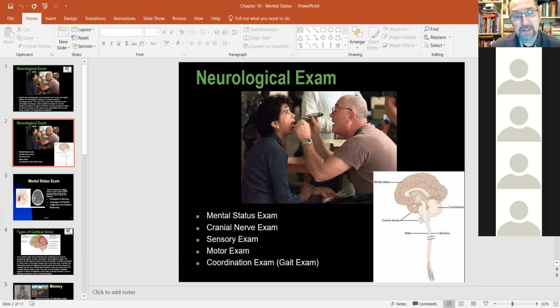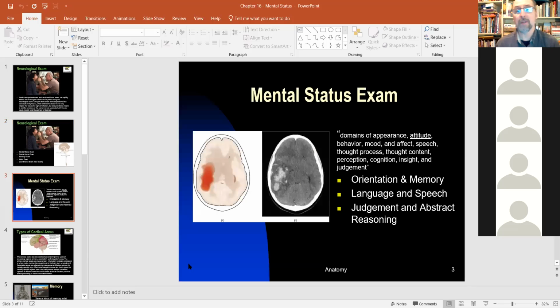The cranial nerve exam helps you examine the function of some of the cranial nerves. That's what he's doing there. The sensory exam lets you examine some parts of the somatic nervous system. The motor exam as well. And there's a coordination and gait exam, which again is part of that motor system of the somatic nervous system and partly the cerebellum. Okay, today I'm going to talk about the mental status exam.